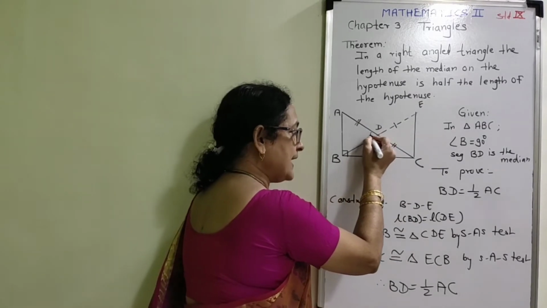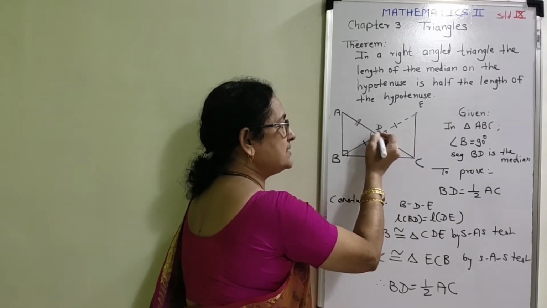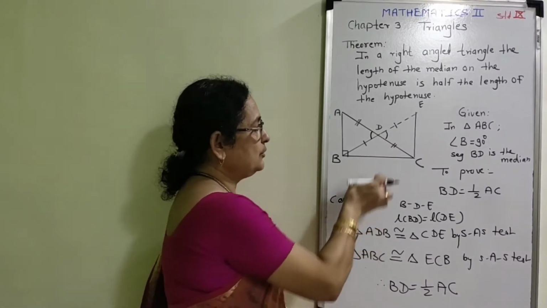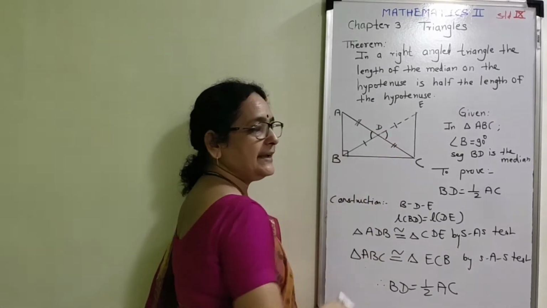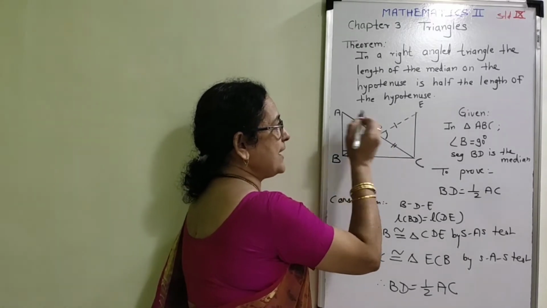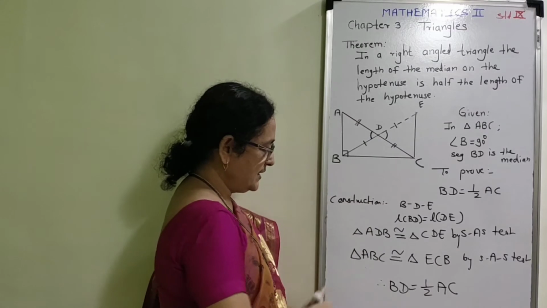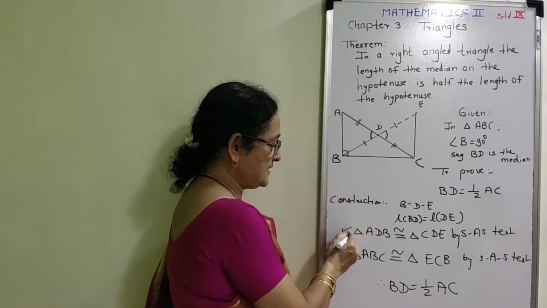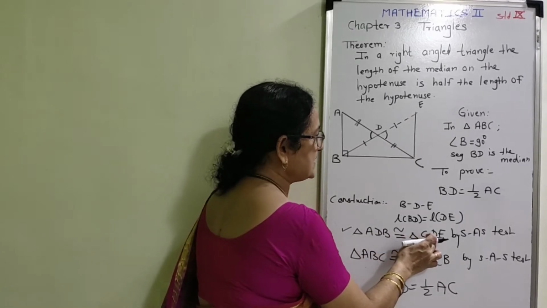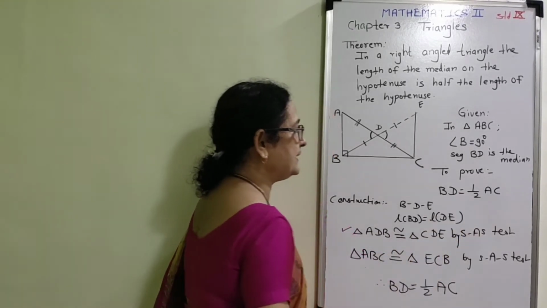Now if we take these angles which are opposite angles of each other, then we know that vertically opposite angles are congruent to each other, so these two angles are also congruent. Therefore our first step is true, that triangle ADB is congruent to triangle CDE by the side angle side test.